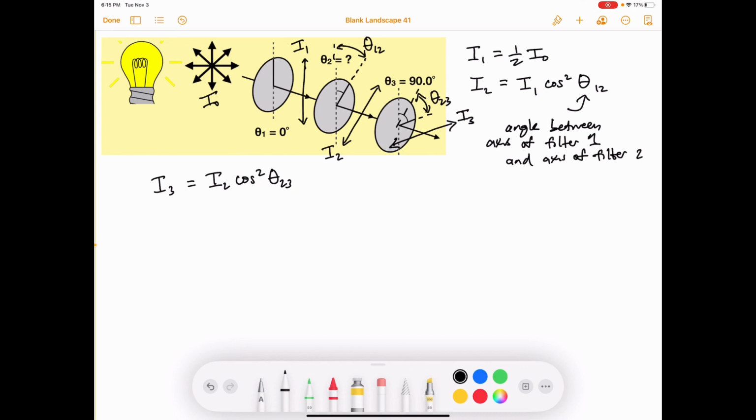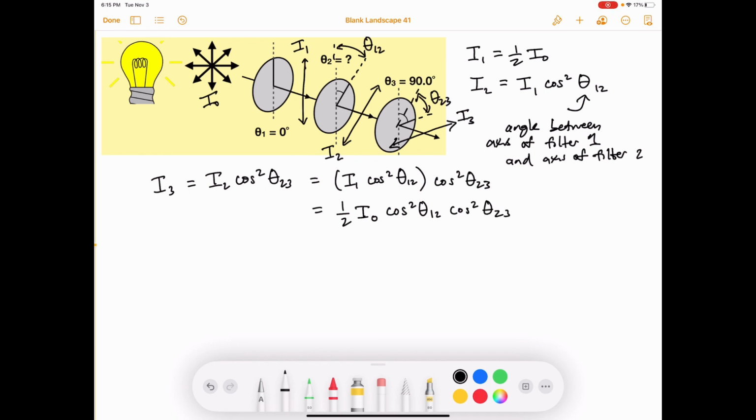It's the angle between the second and the third filter. So it's the same logic as before. But let's make some substitutions. I2 is just I1 times cosine squared theta 1, 2. So we'll multiply that by cosine squared theta 2, 3. But then from the very first thing we wrote down, I1 is a half of I0. So this is a half I0 cosine squared theta 1, 2 times cosine squared theta 2, 3.